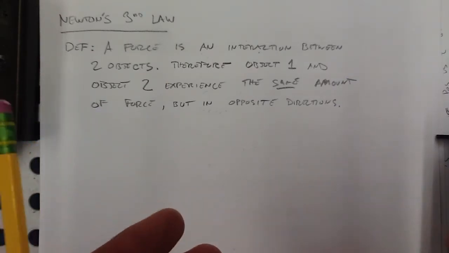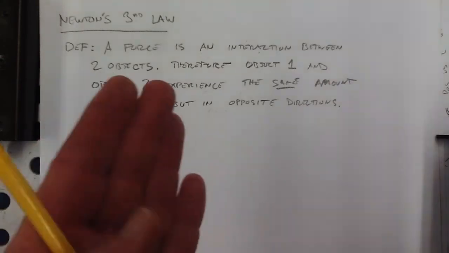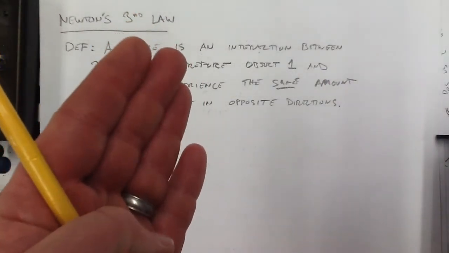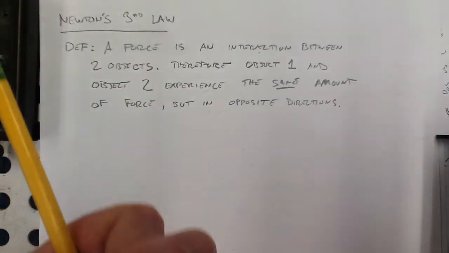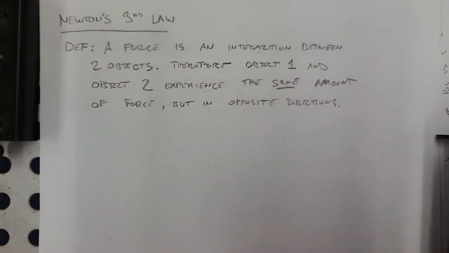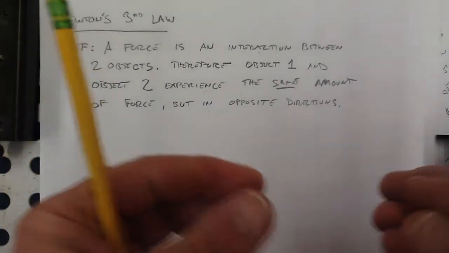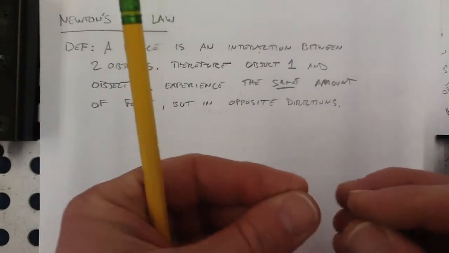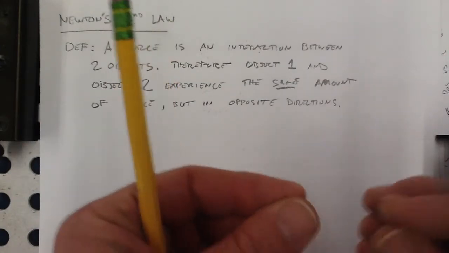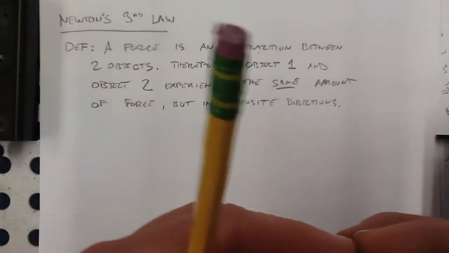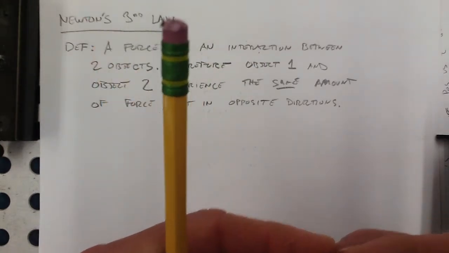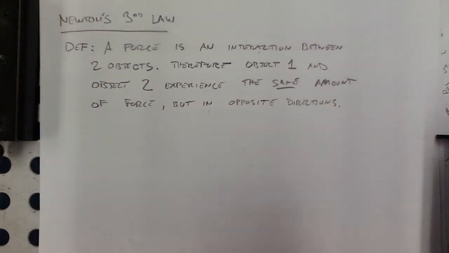So how does that make any sense? Well, there's other forces acting on the bat, right? The batter's swinging the bat. It's not like the only force acting on each one of those is the bat-ball interaction. But that bat-ball interaction cannot be different for the two objects. Here's another example.